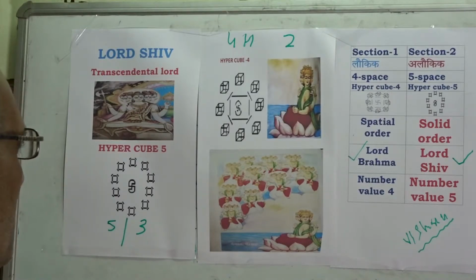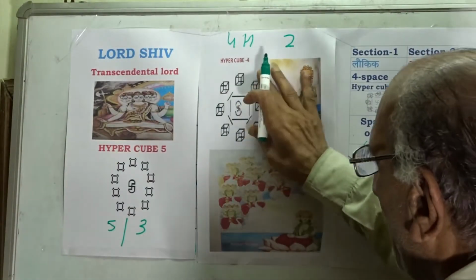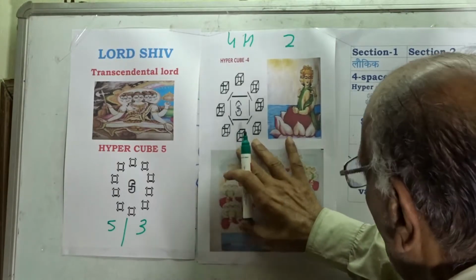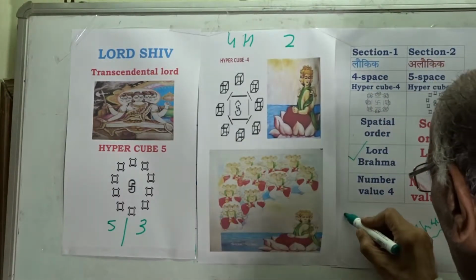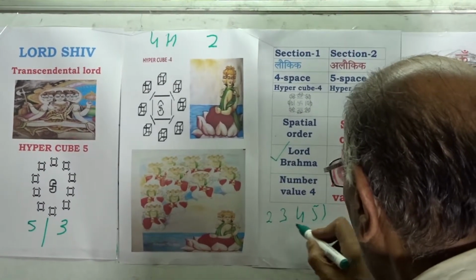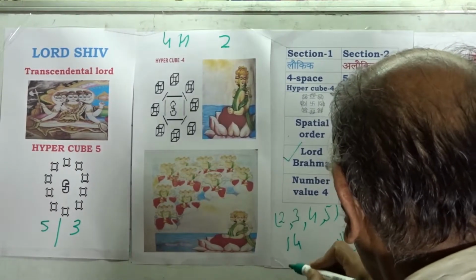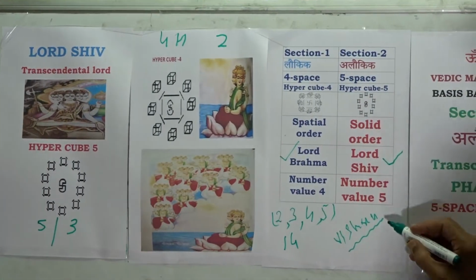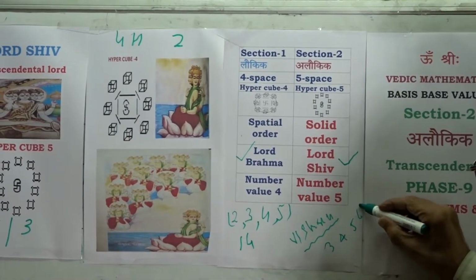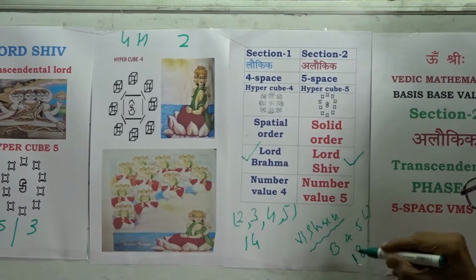It is essentially a transition from the format of hypercube 4 to hypercube 5. We know that hypercube 4 is a 4-fold manifestation layer and the summation value of these quadruple values is 14. Hypercube 5 as well is a 4-fold manifestation layer. However, the summation value of these quadruple manifestation layers is 18.